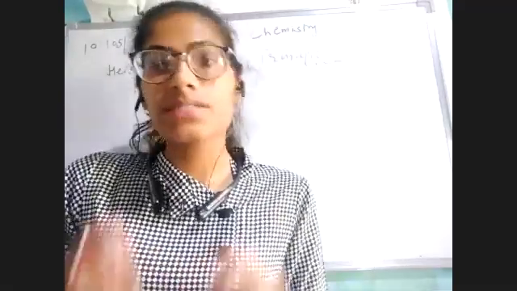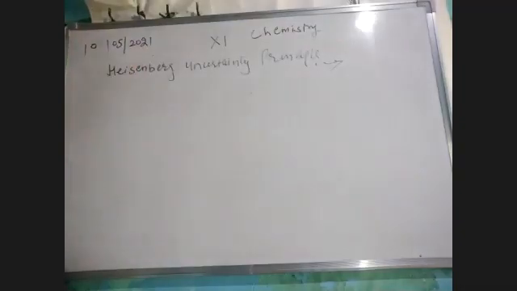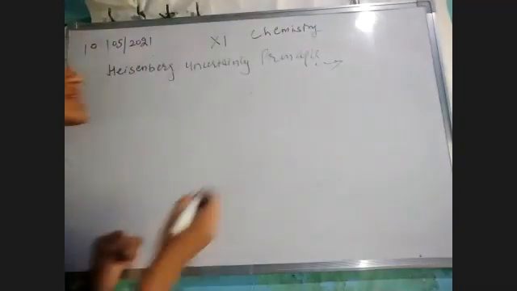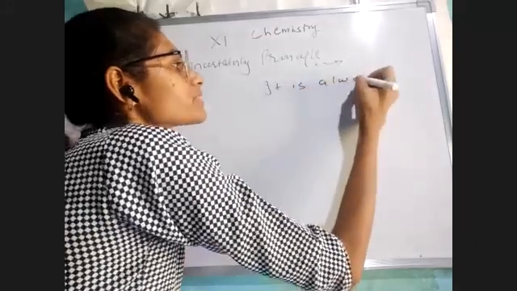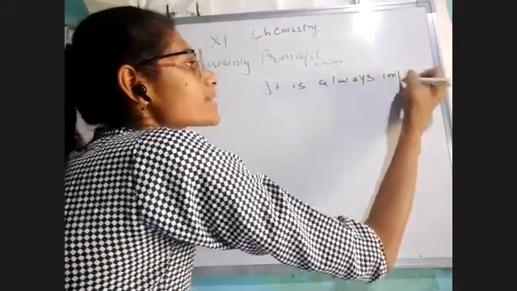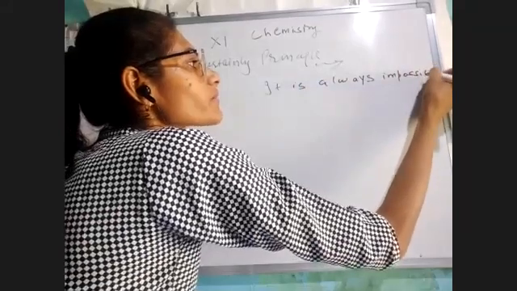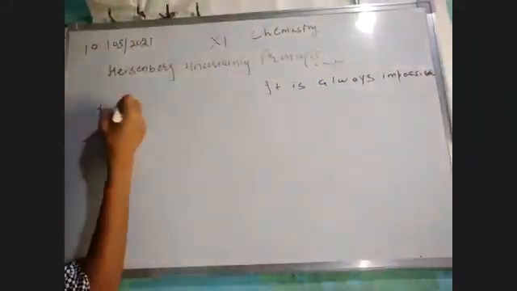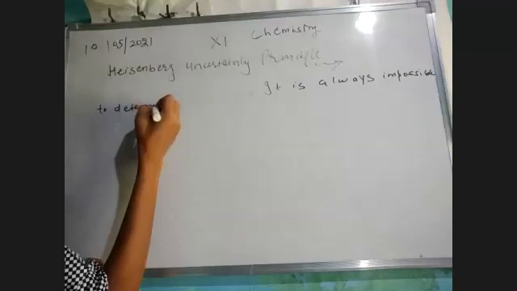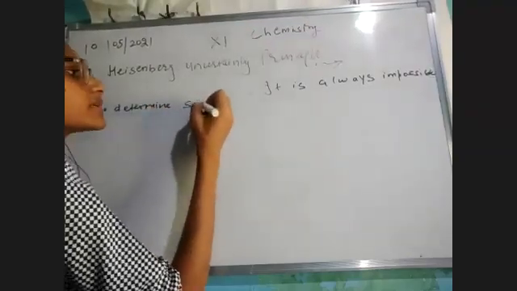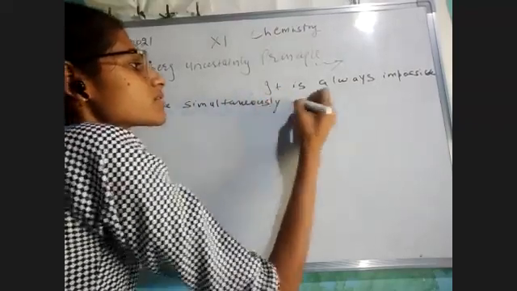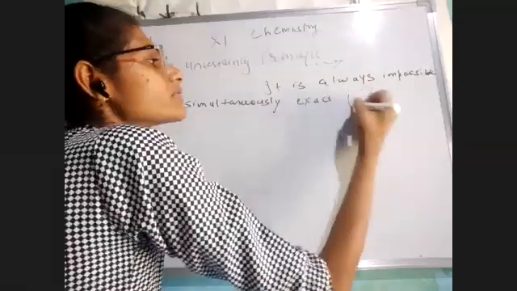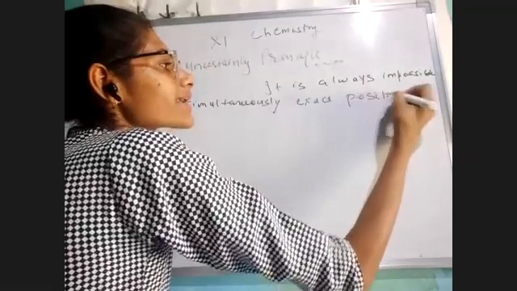The Heisenberg uncertainty principle basically states that it is always impossible to determine simultaneously the exact position as well as the momentum of an electron.